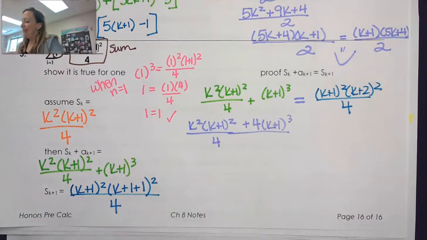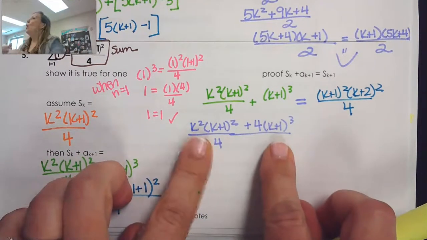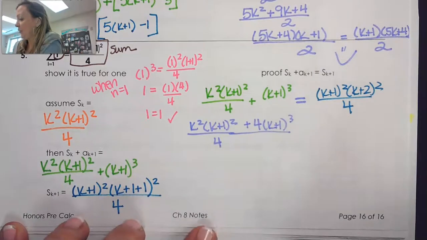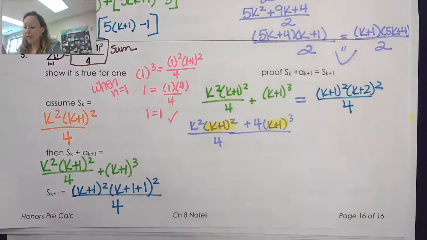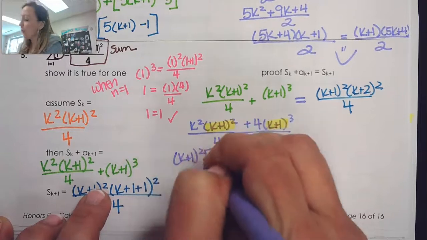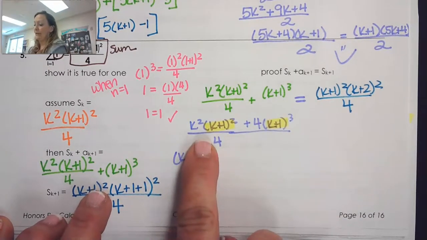So then I see that I could multiply it out, but that would be a very large polynomial, right? Notice there's something I can factor out of each term. What is the best thing to factor out of each term? The k plus 1 squared.